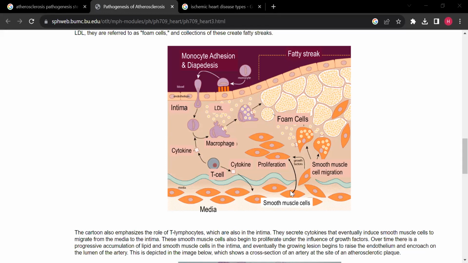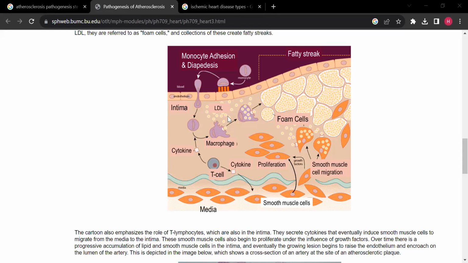That is how atherosclerosis happens, and with time that plaque keeps on increasing, and it partially or completely blocks the arteries, in this case your coronary arteries. Another thing that happens when this LDL is oxidized is that it inhibits the release of nitric oxide.